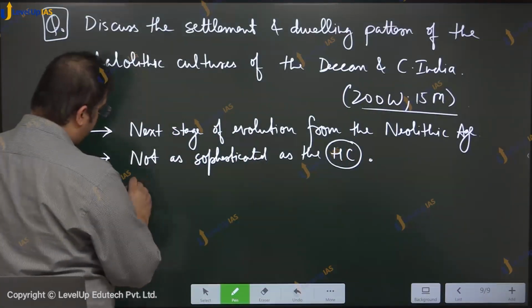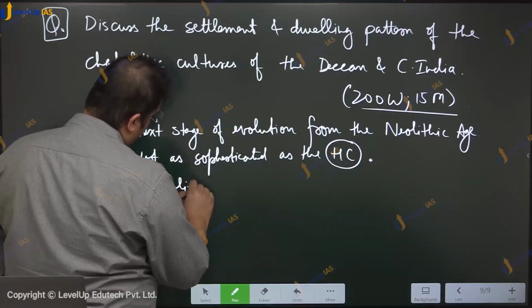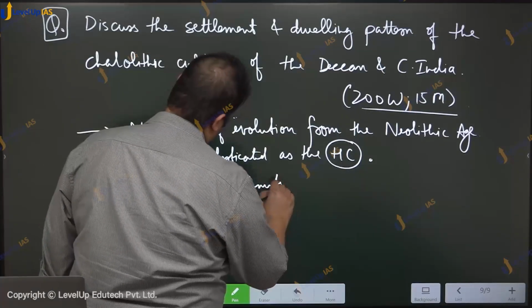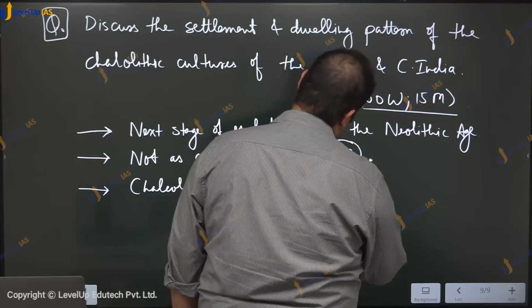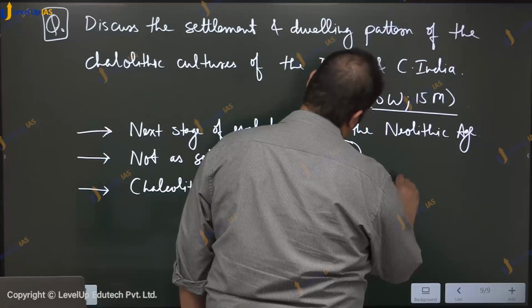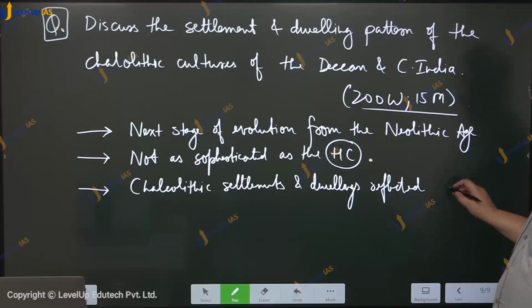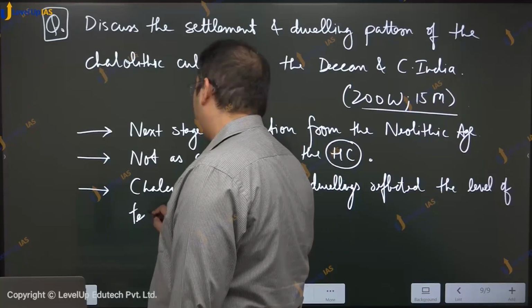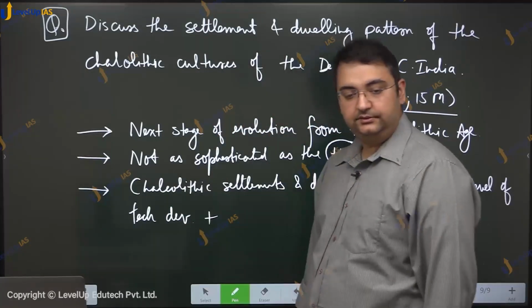And finally, Chalcolithic settlements and dwellings reflected what? Reflected the level of technological development, and what else?